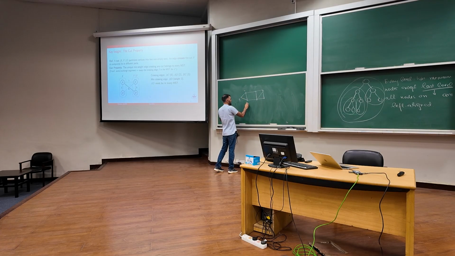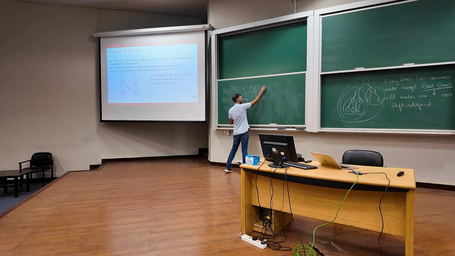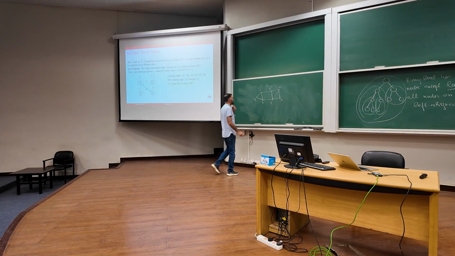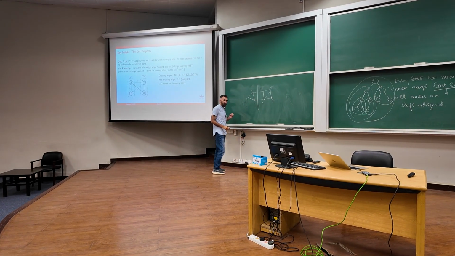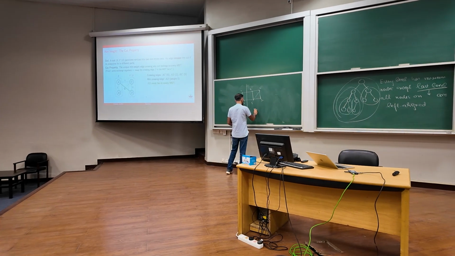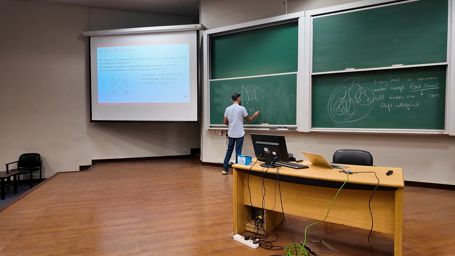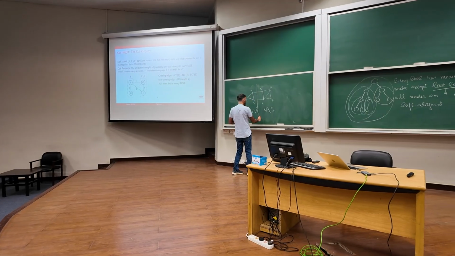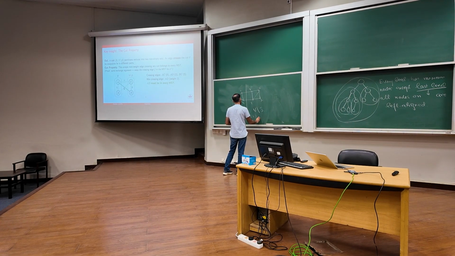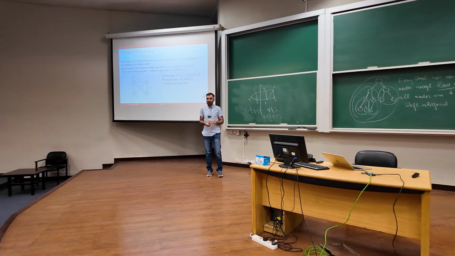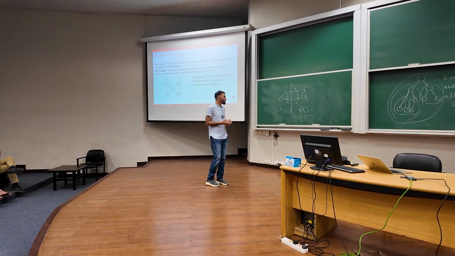One, two, 5, 7. So this is a cut. I'm going to move some of the vertices in S, and everything else is in the second part. And the edges 2, 4 and 3, 5 are the cut edges.